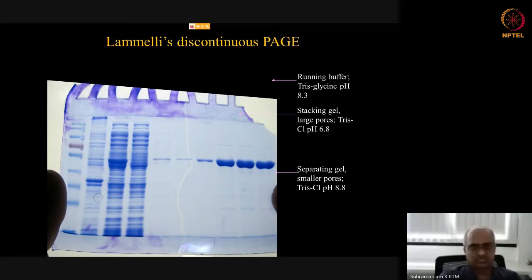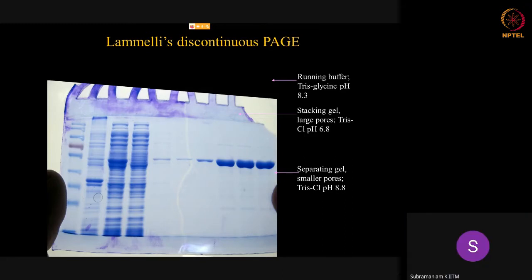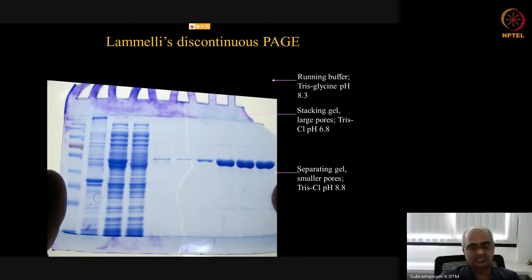So this is a strong ionic detergent. What it does is it opens up the three-dimensional structure of the protein, and that process we call denaturation. Denaturation is the process by which the three-dimensional structure is disrupted and all molecules assume the same rod-shaped structure.